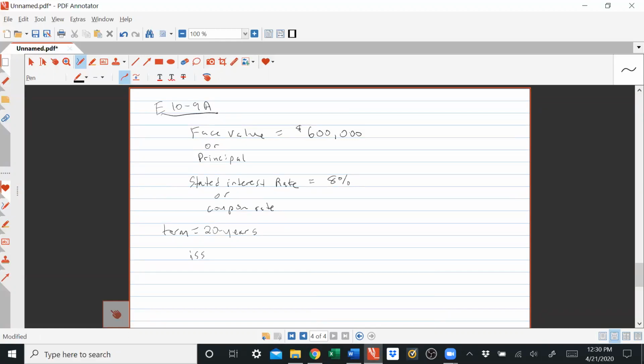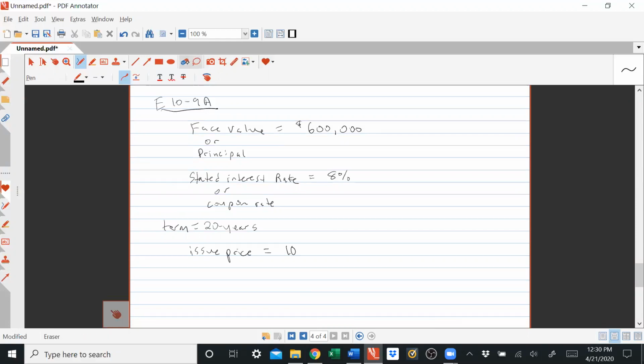So issue price must equal the 106, or 106 means 106%. 106% of what? 106% of face value. Or I could say bonds were issued at 98. 98% of what? 98% of face value.